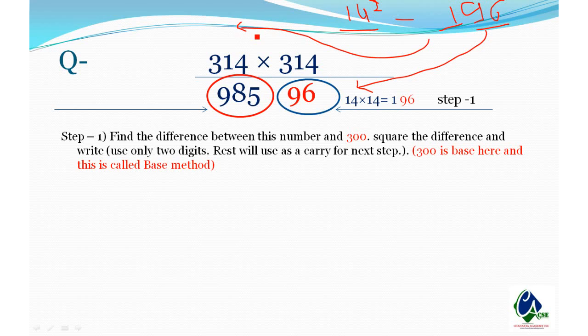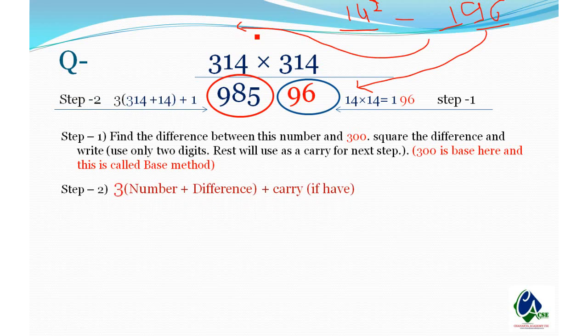And our next step is add this difference to 314. You get 328. Multiply this number with 3 and you get 984, and you have one carry, add here, and you get 985.